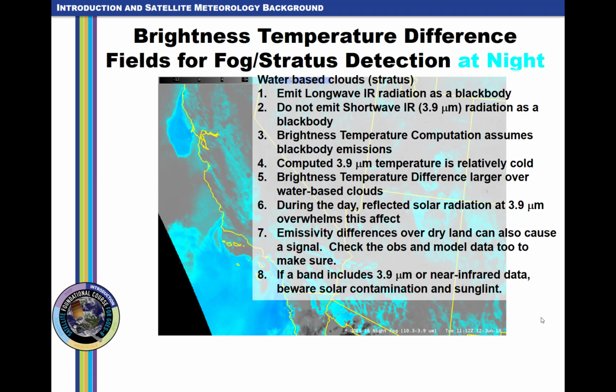So if a surface hasn't emitted as a black body, meaning fewer photons than a theoretical maximum have been emitted, then the inferred temperature will be cooler. This occurs for 3.9 micrometer radiation above clouds made up of water droplets, but not for radiation around 11 micrometers. So for water-based clouds, the 3.9 micrometer brightness temperature is cooler than the 10.3 micrometer brightness temperature.